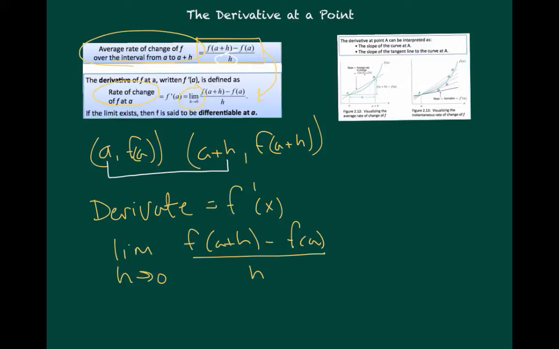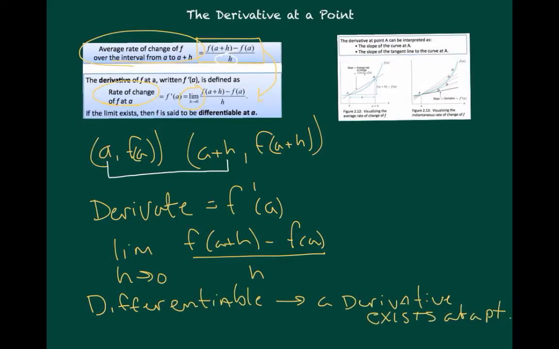Actually, I should say that this is really f prime of a. We will meet f prime of x a little bit later, but this is really the derivative at a point. So there are two names for what we're going to be studying. It's also worth pointing out the term differentiable. Differentiable just means that a derivative exists.